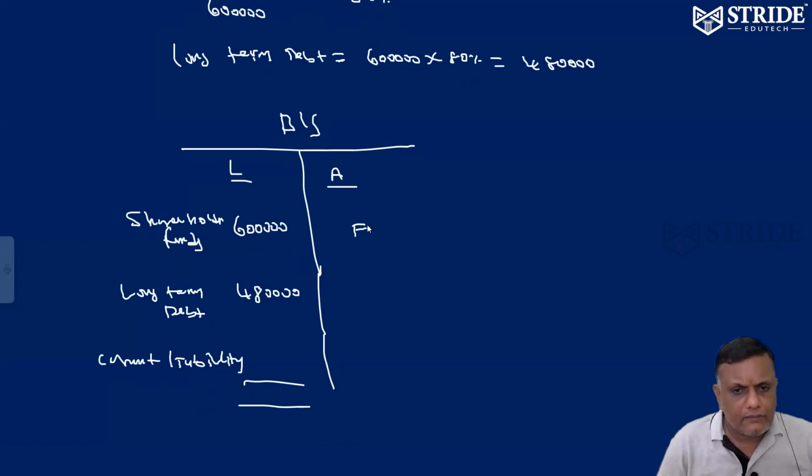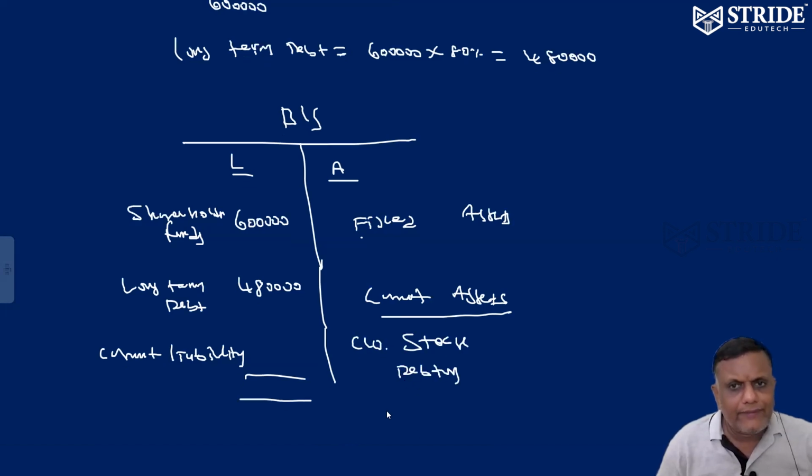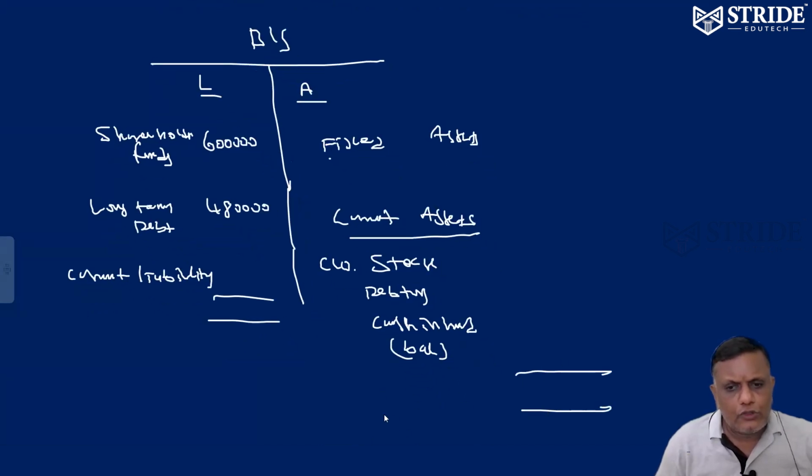Asset side: fixed asset, then current asset. Current asset consists of stock, closing inventory, debtors, cash in hand and cash at bank, the balance sheet figure. Then that is equivalent to total assets. That's it.